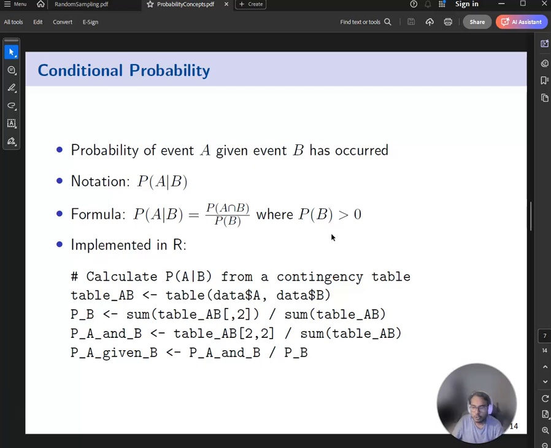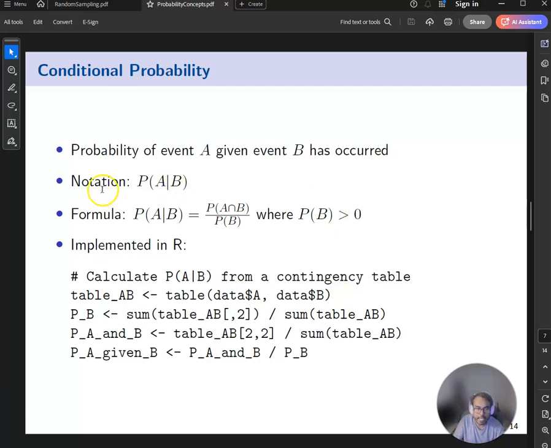Something that we use a lot, and this is important and also highly practical, is this idea of conditional probability. And this is where things get really, really interesting. So conditional probability answers questions like, given that an event has occurred, what is the probability that another event has also occurred?